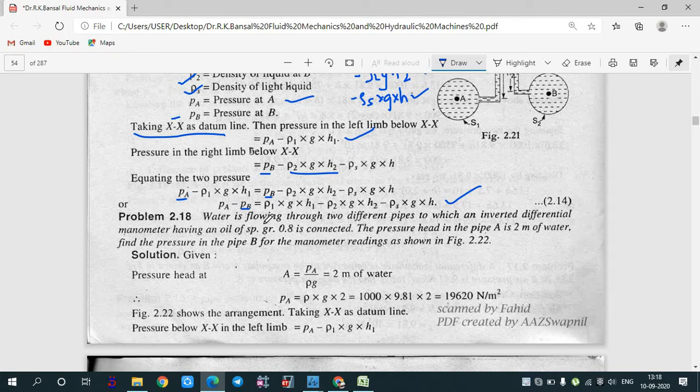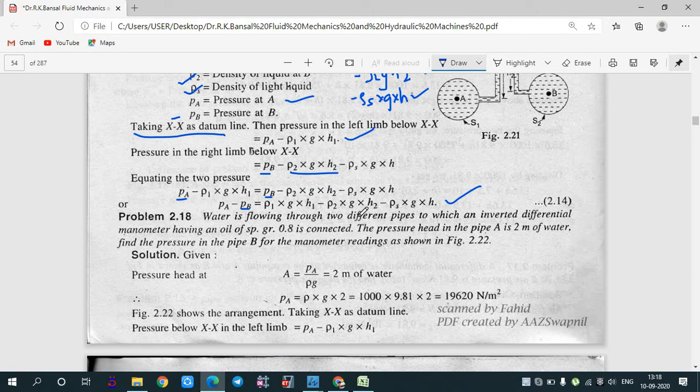The first numerical: water is flowing through different pipes, to which an inverted differential manometer having an oil of specific gravity 0.8 is connected. The pressure head in pipe A is 2 meter of water. Find the pressure in pipe B for the manometer reading as shown in the figure.